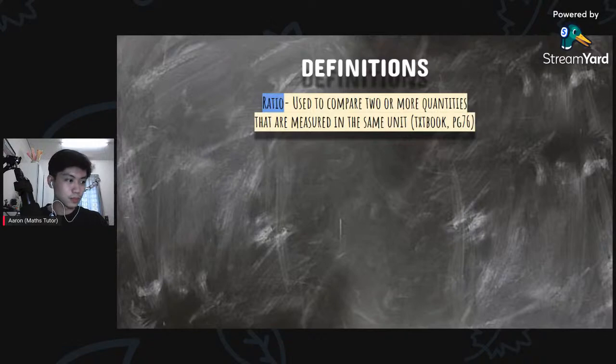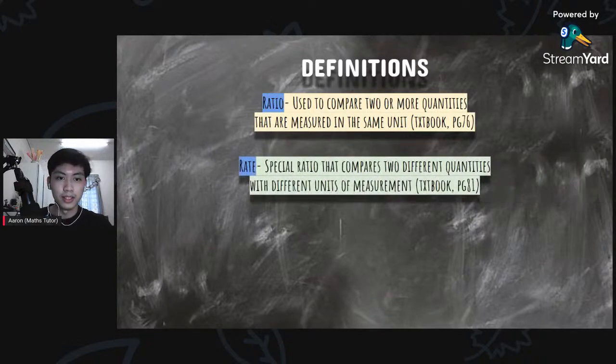Next, we have rates. Rates is quite a simple one to understand. Rates also compare two different quantities, but with different units of measurement. For example, speed.